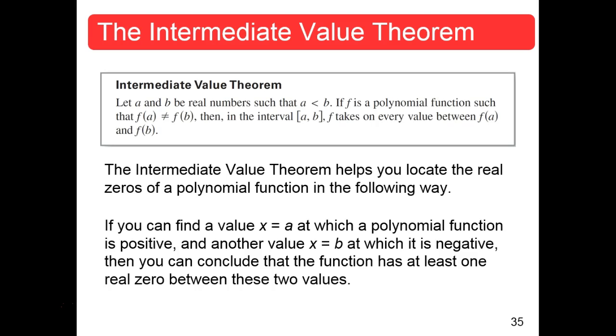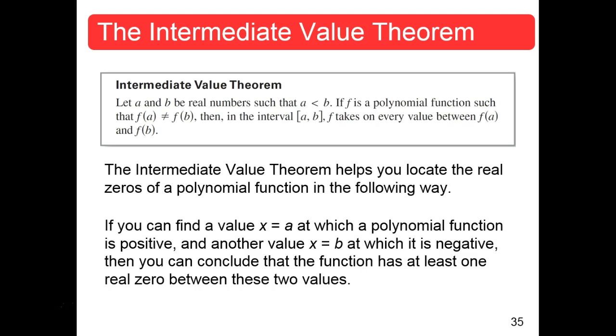So the intermediate value theorem helps you locate real zeros of a polynomial function. Here's how. If at x equal a, you want the function to be positive or negative there? I don't care. Pick one. Positive. So at x equal a, the function is positive. Now, if at x equal b it happens to be negative, guess what?